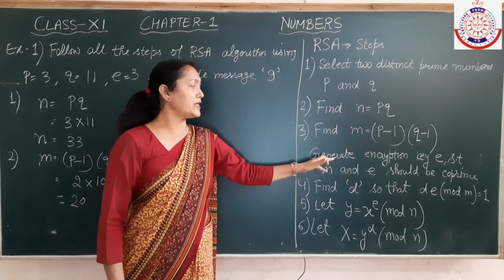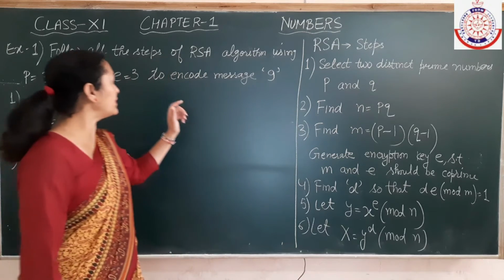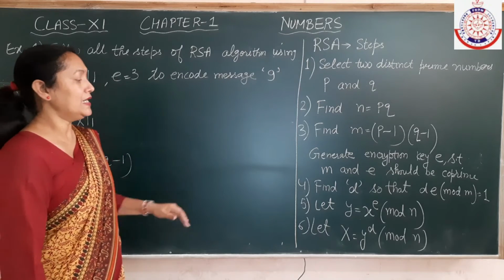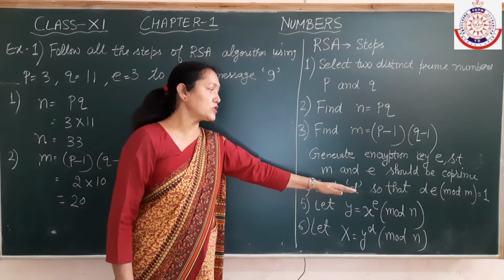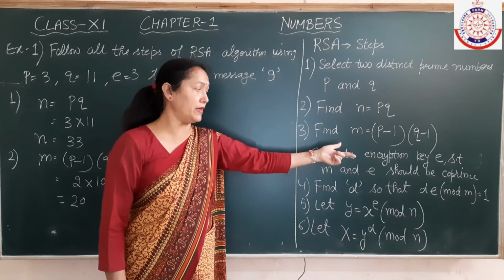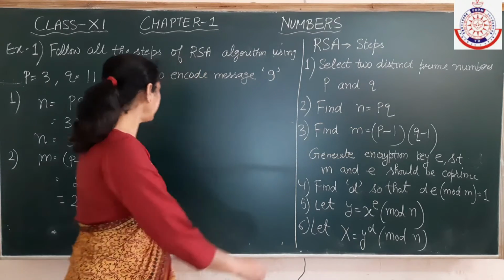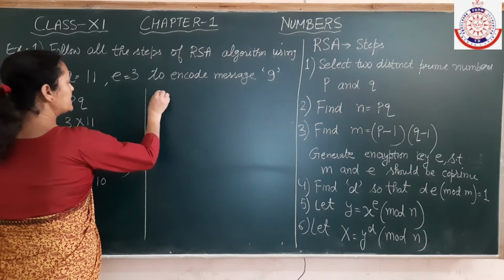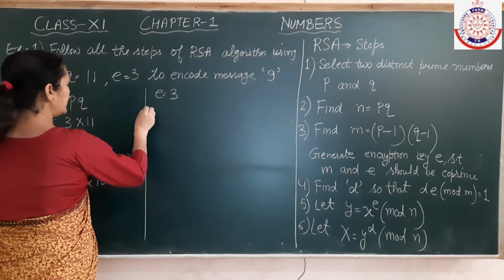Next is to generate the encryption key. That is already given to us; here in the question itself, E is given as 3. Then they say find D, so that D into E when divided by M gives 1. So E is 3.